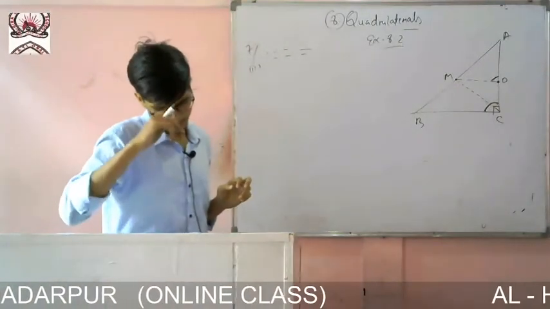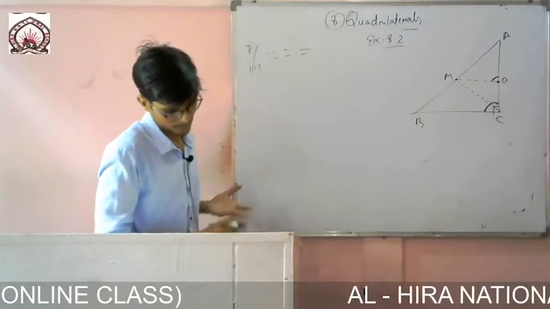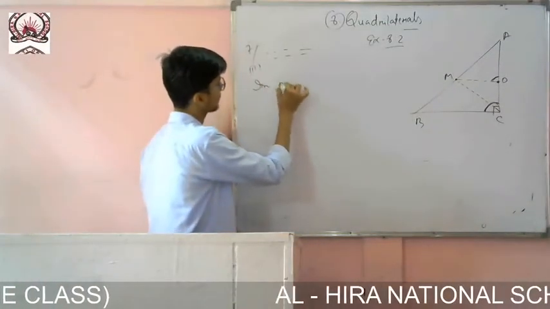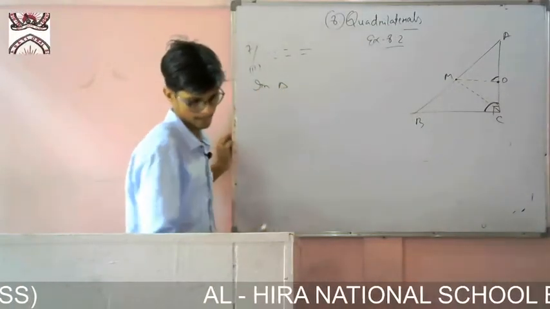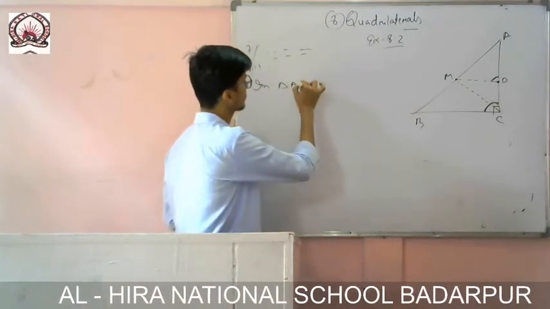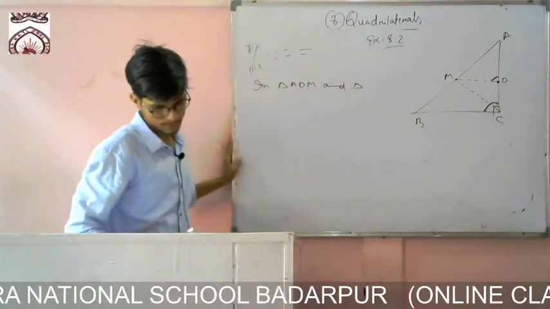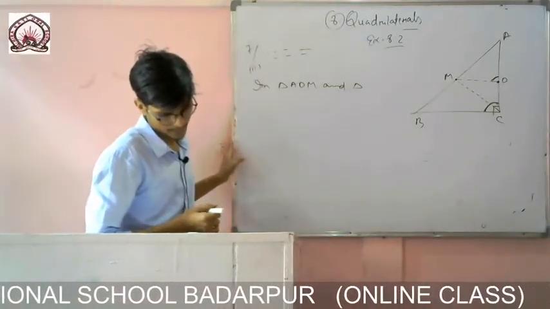To prove that CM equals half of AB. So in triangle ADM and triangle CDM, we need MA.